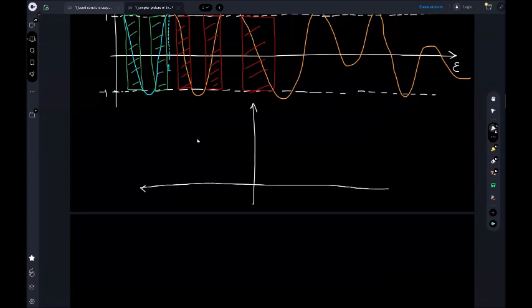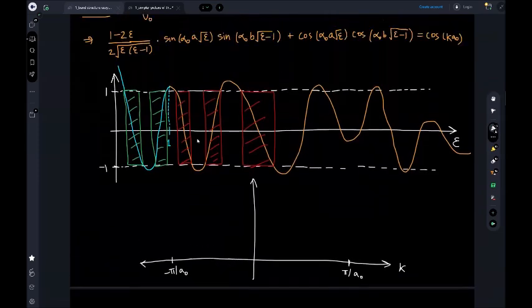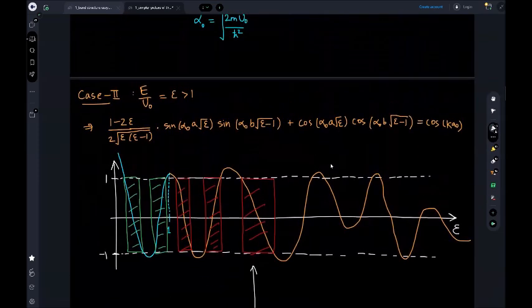So this is K. This will be pi over a naught. This will be minus pi over a naught. Now I want you to observe that at K equals 0, cosine of K times a naught is actually equal to 1.